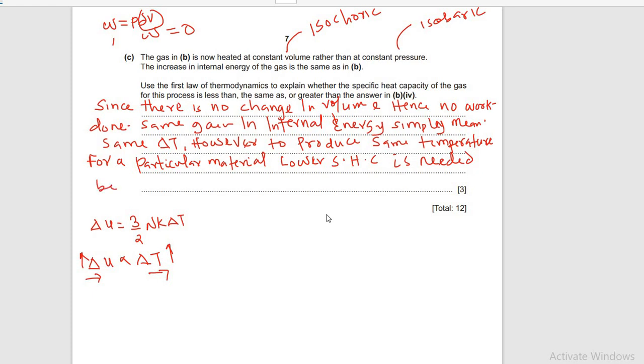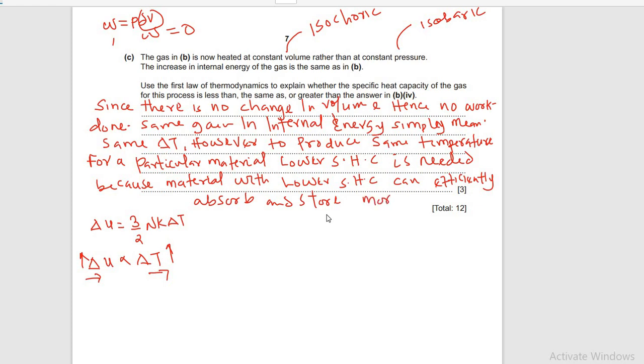Because a material with lower specific heat capacity can efficiently absorb and store more thermal energy.